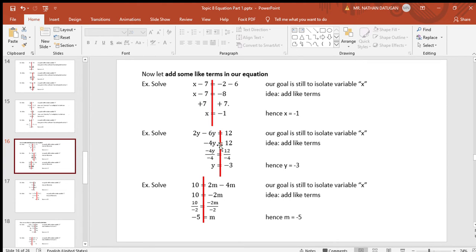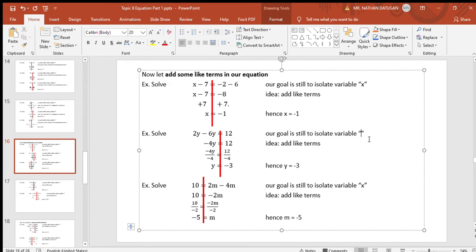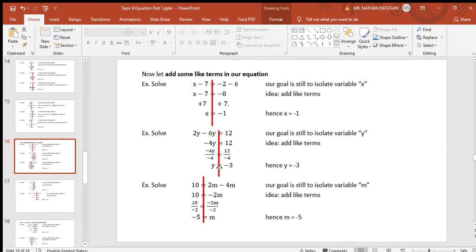Again, our goal is still to isolate y. So how do we do that? We get rid of that negative 4. How? We divide both sides by negative 4. Negative 4y divided by negative 4 becomes y, and 12 divided by negative 4 is negative 3.